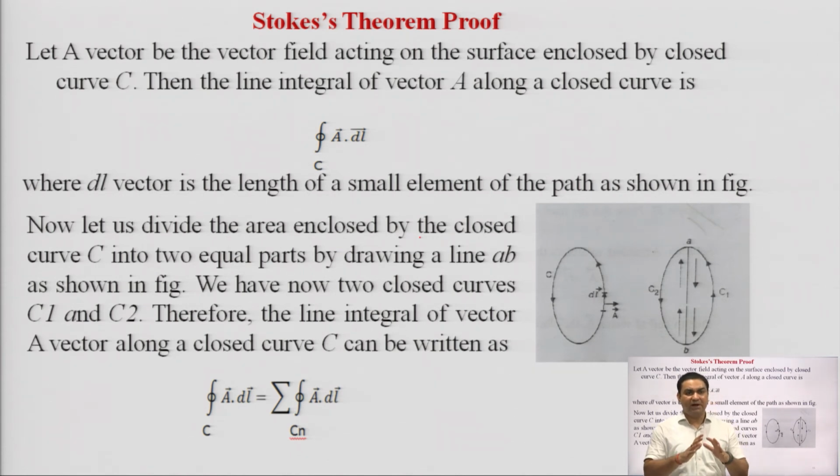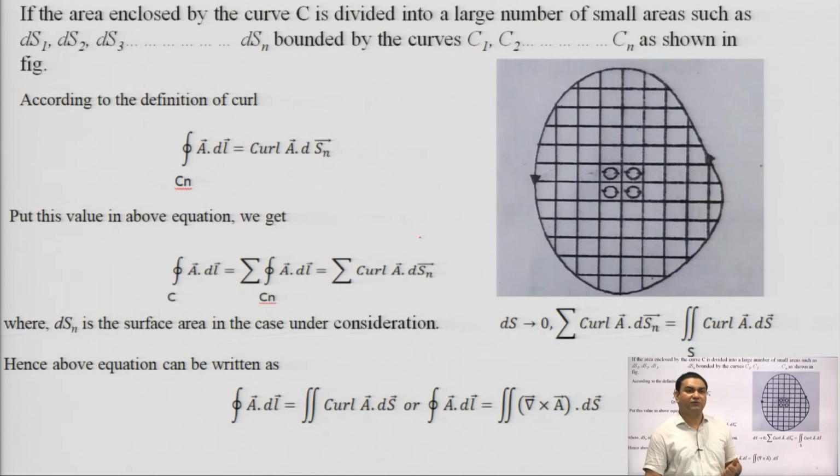By describing the different small line segments, we can also show the proof of this Stokes theorem.